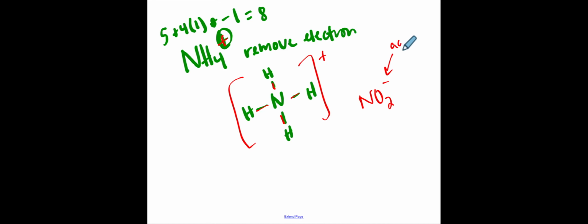And as you can see here, we have 2, 4, 6, 8 electrons represented. So this is how you would draw ammonium. But I just wanted to remind you about that. And then if you had something like NO2 minus, that means you get to add an electron when you're counting up the total number of valence electrons.